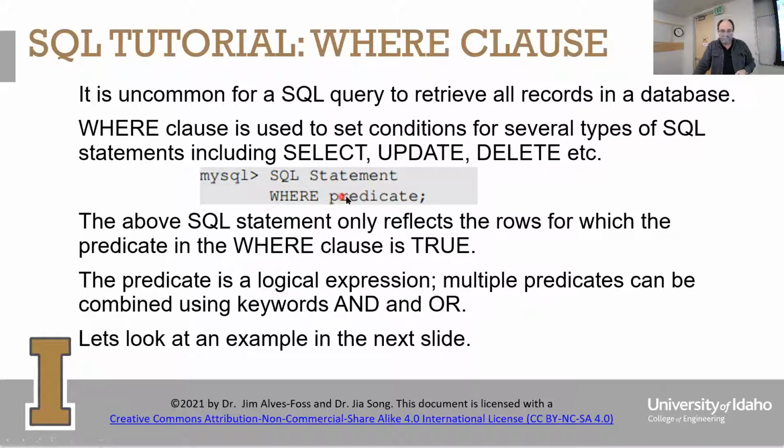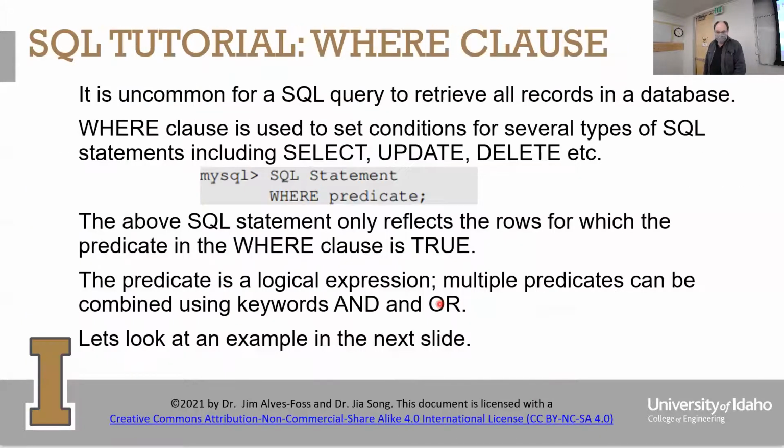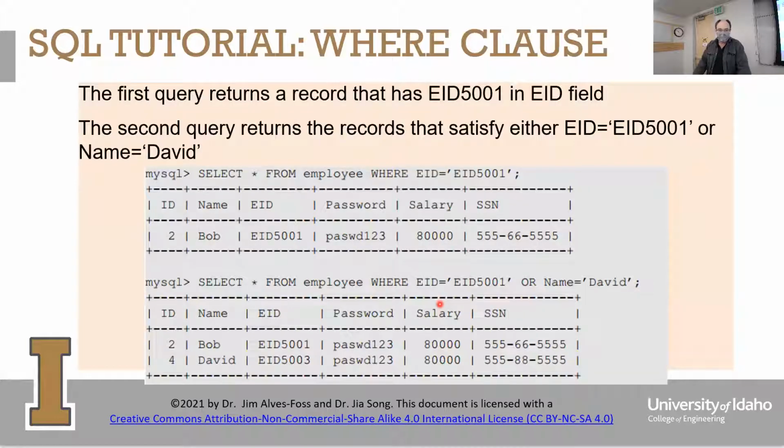So maybe select EID, salary from employee where name equals whatever my login name was. So when I'm asking for something, I say, here's my login name, Jim AF. And it says, okay, we're going to select things about Jim AF. Maybe it's a set of orders, and so everything where the user placed the order was Jim AF and not all the orders of everybody. That's a common way of doing it.